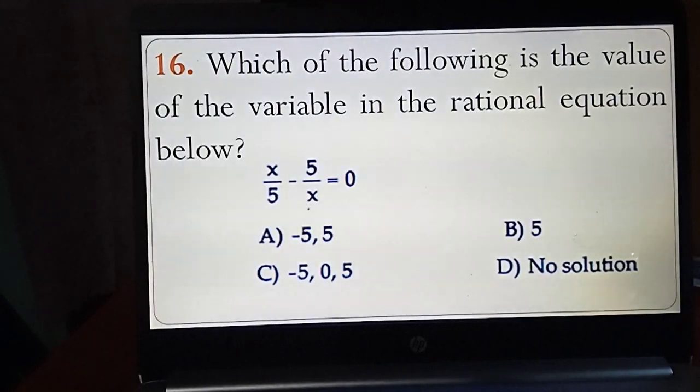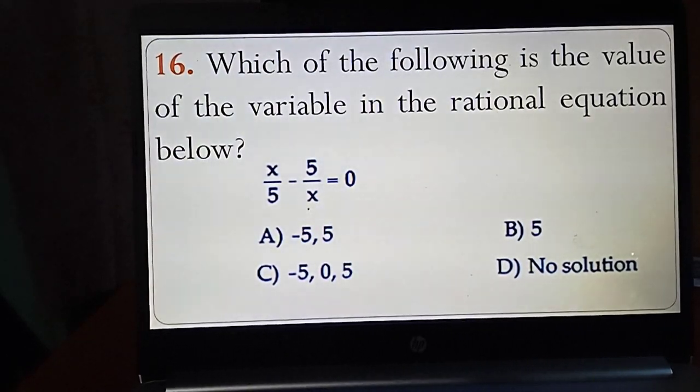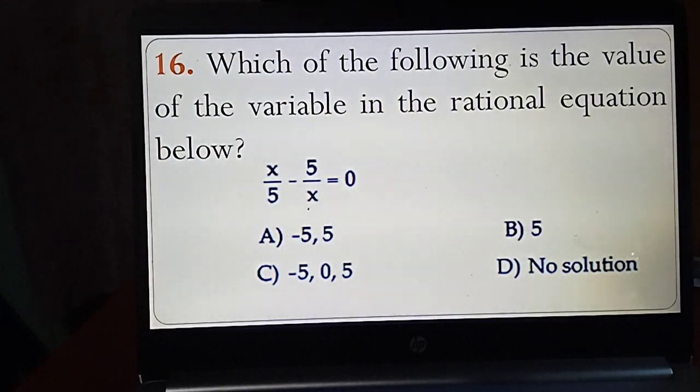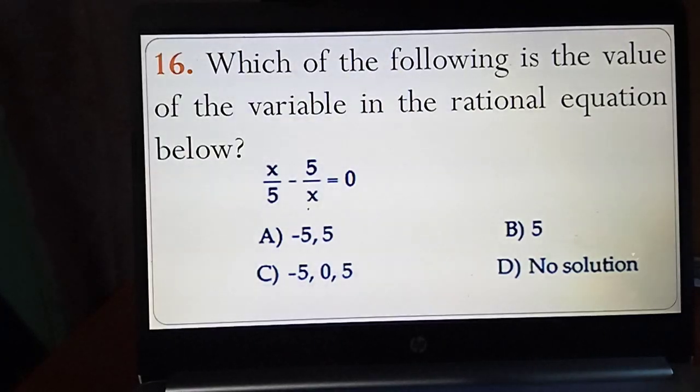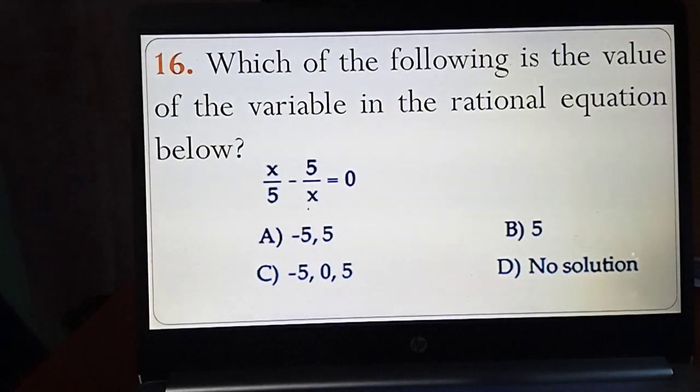Number 16. Which of the following is the value of the variable in the rational equation below? x over 5 minus 5 over x equals 0. So we cross multiply, x times x is x squared, minus 5 times 5 is 25, all over 5x, equals 0.